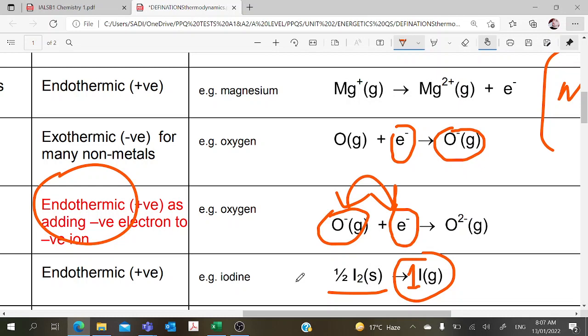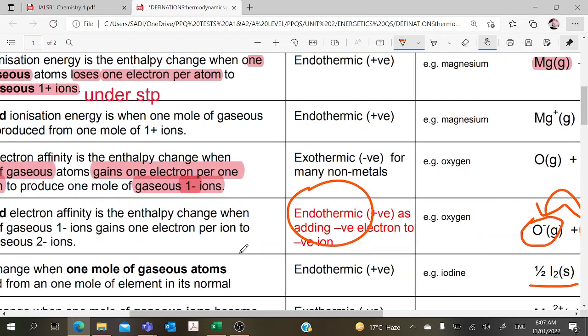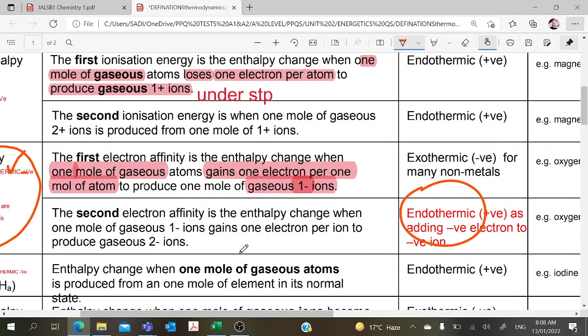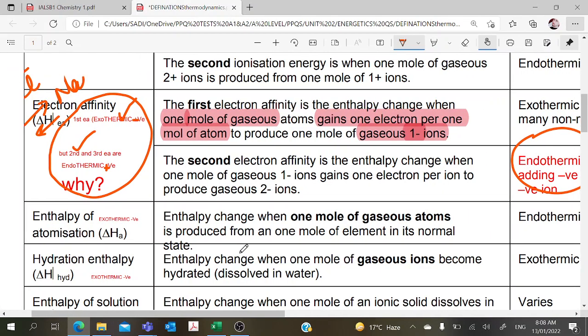But in thermodynamics, the balancing should match the definition. What you're defining, you should actually be doing in the equation also. That's why I was telling you that there will be different types of questions including all these definitions and equations. They will give you the definition and ask you to choose the equation which exactly complies with the definition. Are we clear with this point?